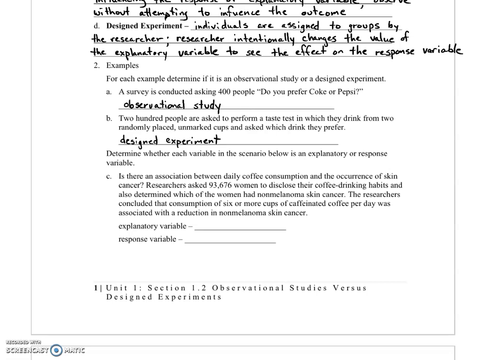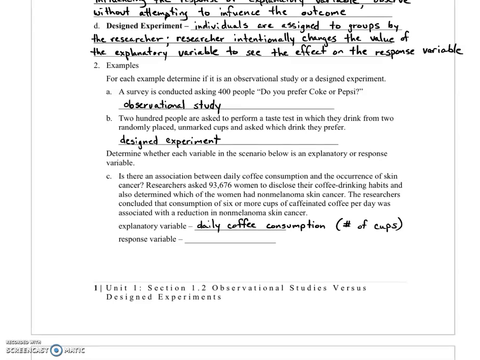So, what are they varying here? And the researcher is not necessarily deliberately varying it, but what are they looking at? They want to see the daily coffee consumption. So in other words, number of cups of coffee per day.